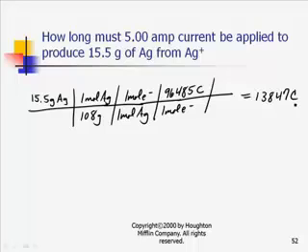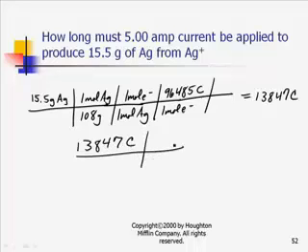And if I have a current of 5 amps, so that's 5 coulombs per second, 5 coulombs in 1 second, that's going to give me that it would take 2,769 seconds to produce that much silver from silver ions.